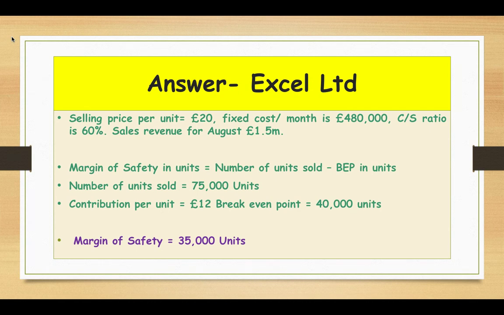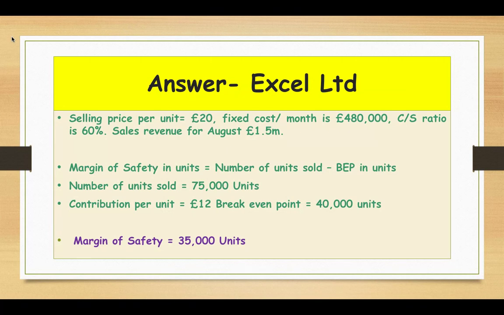So we need to know the contribution per unit, which is not given in the question. So as usual, we need to calculate the contribution per unit. All they have given is the contribution to sales ratio, which is 60%, and the selling price is £20 per unit.